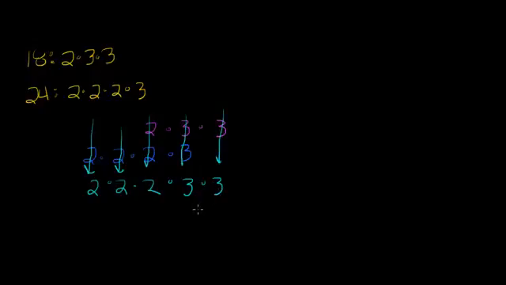And then we need to multiply. So we take 2 times 2 is 4, times 2 again, we get 8, times 3 is 24, times 3, 72. So in this case, our least common multiple would be 72.